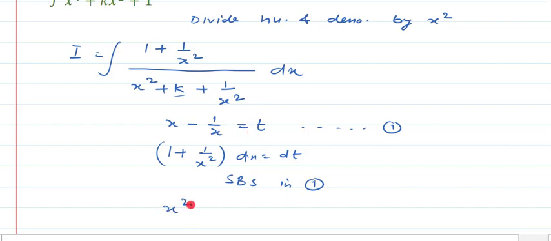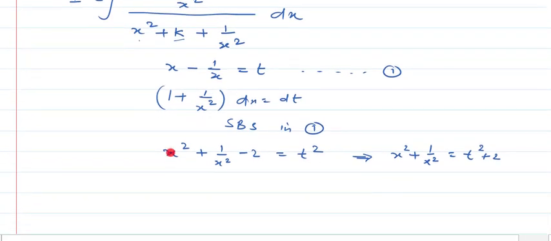It will be x square plus 1 upon x square minus 2 is equal to t square, which implies x square plus 1 upon x square is t square plus 2. Now your I becomes very simple: dt upon t square plus 2 plus k.